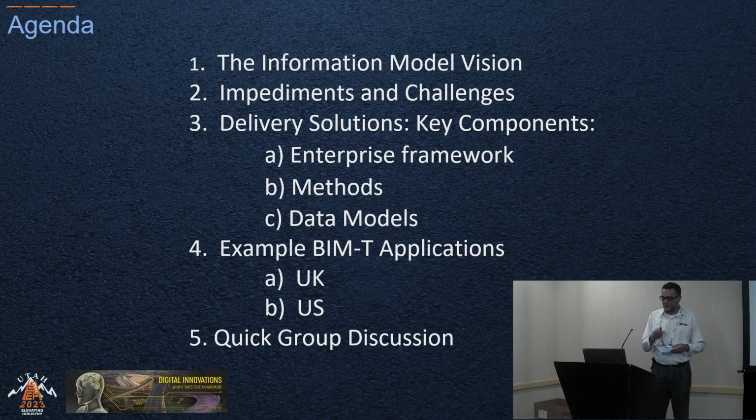So our agenda for today, there's going to be 5 components. Hopefully we'll have time at the end for a group discussion. But the information model vision, impediments and challenges, delivery solutions, where we go into key components of delivery solutions for the architectures.